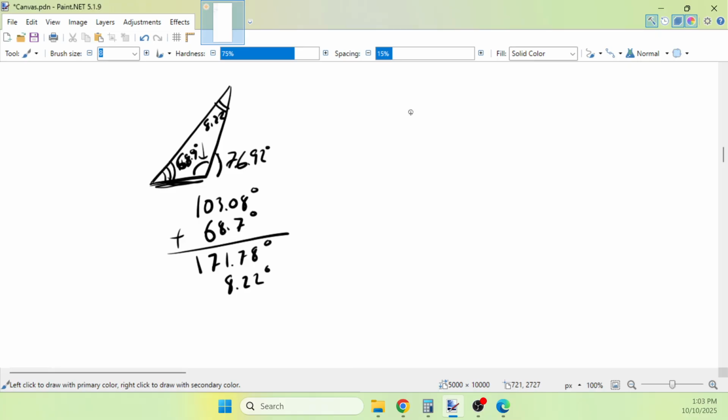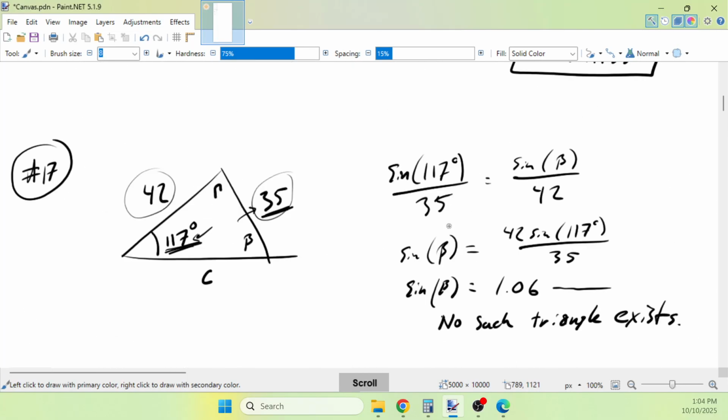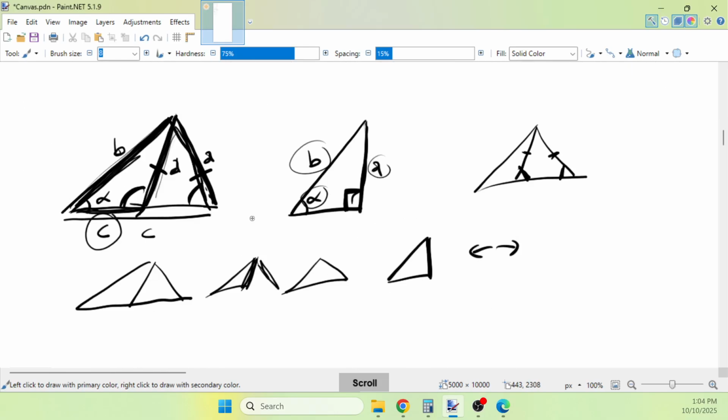So for the alternative triangle here, we have alpha, beta, and gamma as the angles, and A and B are the same as before, 35 and 42.